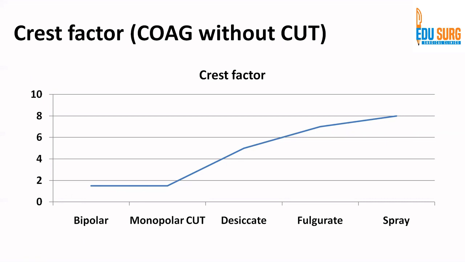Similarly, bipolar has to be used for coagulation, but with extreme care and experience. Okay. The usual coagulating modes are the monopolar fulgurate, which has a crest factor of around 7.5. And that is why most people use a cautery setting of blend and fulgurate or pure and fulgurate, right? And the spray cautery has the highest crest factor of 8.